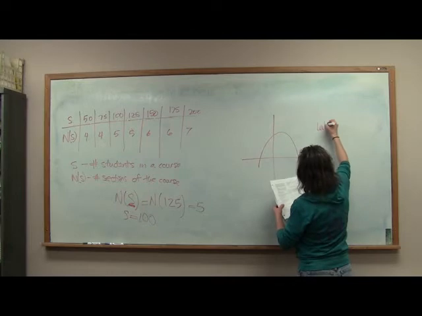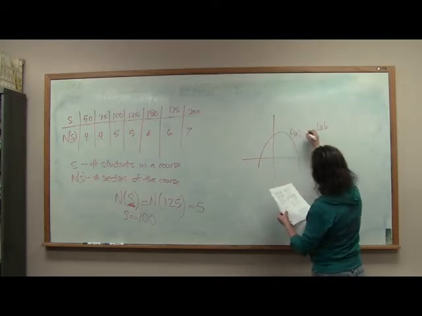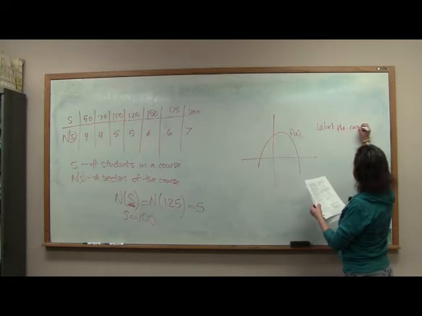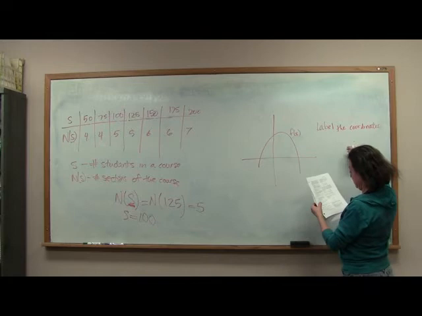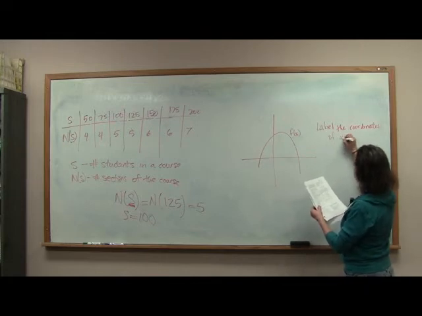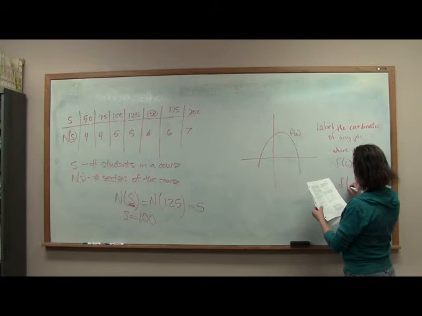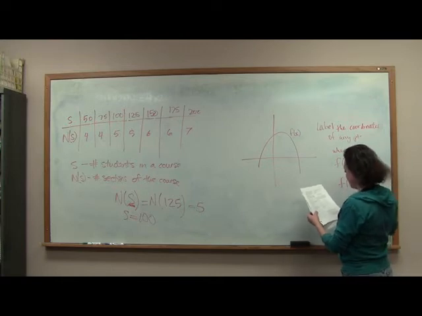And what we want to do, pretend this is a graph f of x, is we want to label the coordinates of any points on this graph where f of c is equal to 0 and where f of 0 is equal to d.